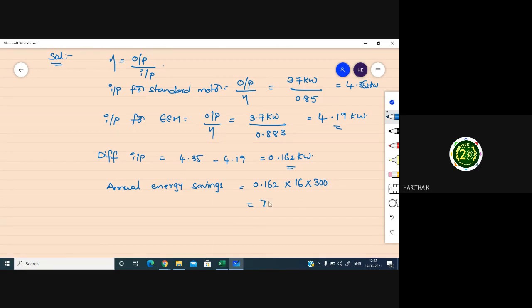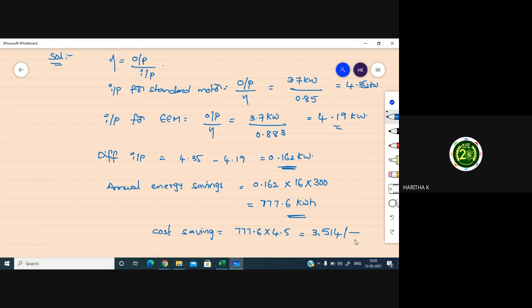So 777.6 kilowatt hours. This much of energy you can save per year. Then what will be the cost saving? To get the cost saving, you have to multiply with cost: 777.6 into 4.5. The cost is 3,514 rupees. See, the difference between the inputs is only 0.16 kilowatt.